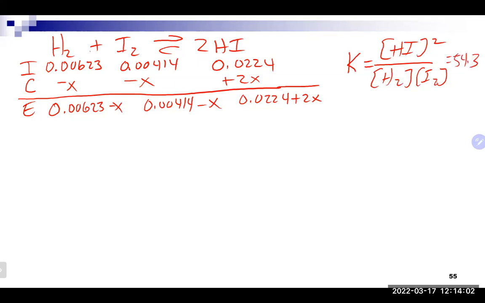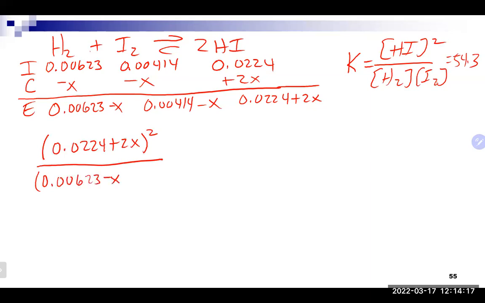We're then going to put our equilibrium line into that, and that's going to give us 0.0224 plus 2x, which gets squared, divided by 0.00623 minus x and 0.00414 minus x, equaling our 54.3 in this case. Well, bad news is that is not a perfect square. So this is a math problem here.